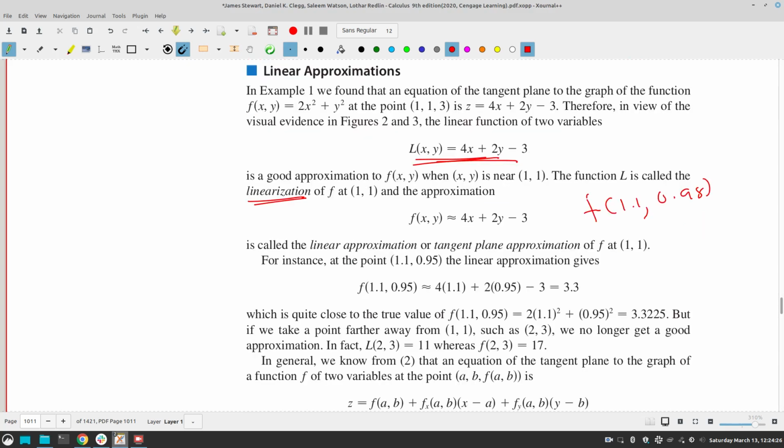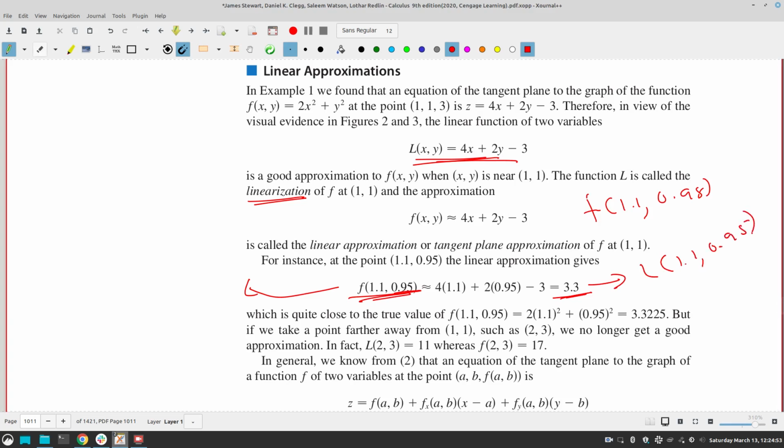If I want to use a linear approximation, then I just plug in 1.1 and 0.95 here, and I get 3.3. But what is the exact value? Sorry, this thing is actually equal to L(1.1, 0.95).